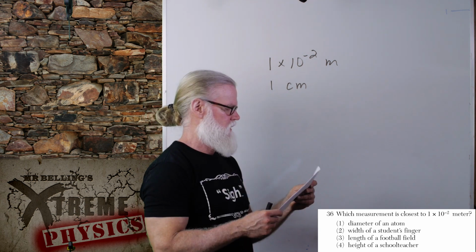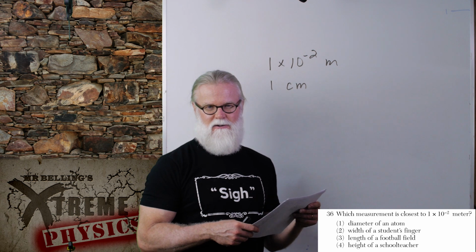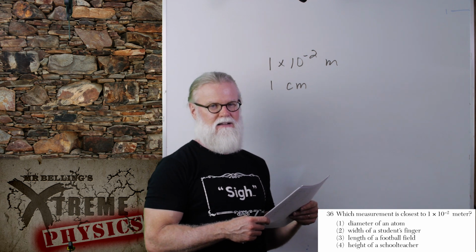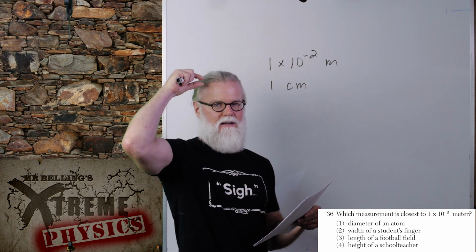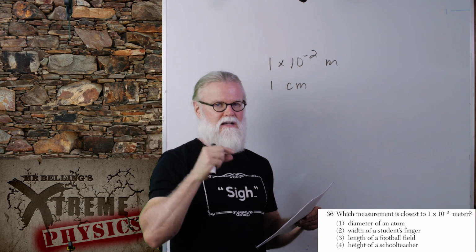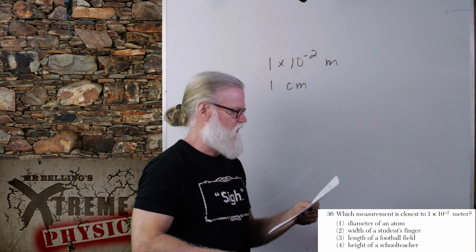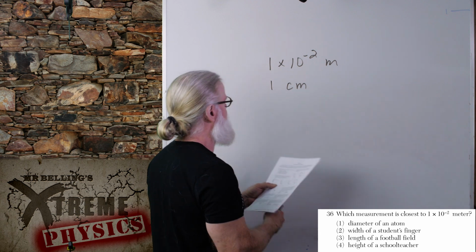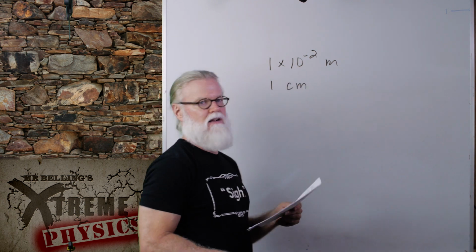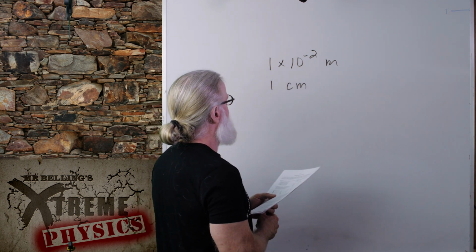Not a centimeter. And height of a school teacher, right? Well, no, not a centimeter. I'm a school teacher, and no, it is the width of a student's finger. All right, so a lot of this is just being able to interpret this number, making number sense of this. That's centi.